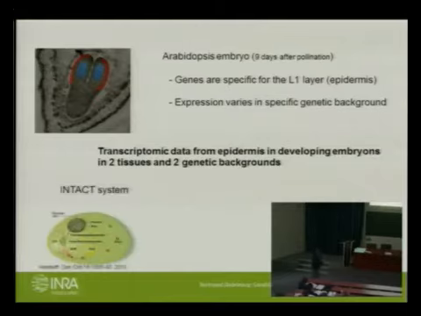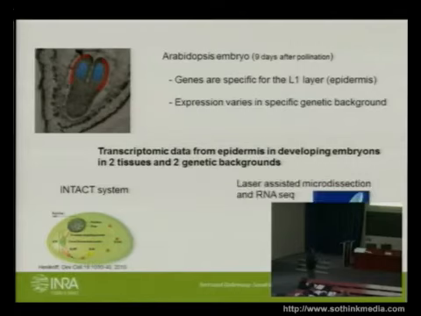There aren't so many techniques to perform such an analysis, so you may think about the INTACT system, which was published rather recently. Technically, it's a GFP that tags the nuclei, and you purify the nuclei either by FACS or with magnetic beads, but you need transgenic plants.